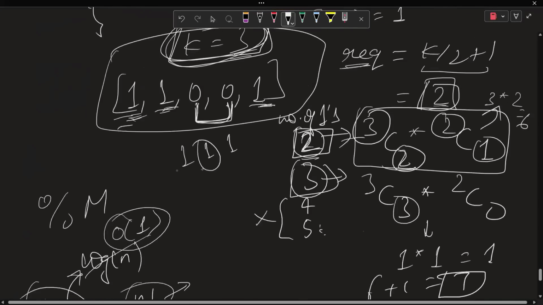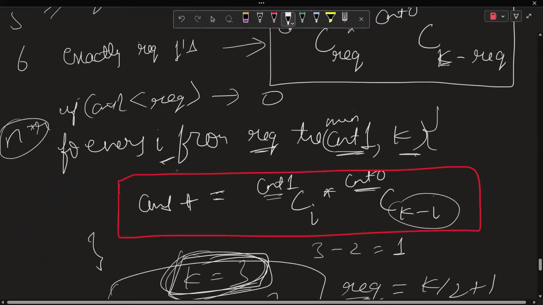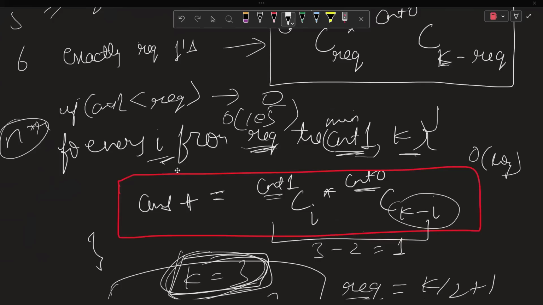So that's for nCr. And we are iterating for every i required to count. So this i would be at max O(1e5), and this nCr is calculated in O(log n) time. So in n log n time, basically we are computing everything. So this would be fine. We can look at the code of this if there is no doubt.